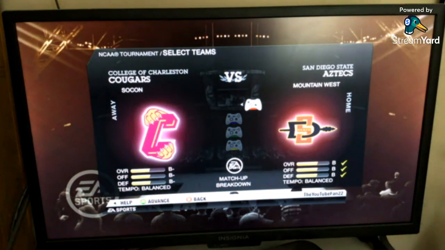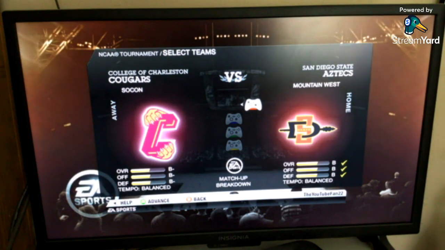Since the game didn't come out until Tuesday, we had to make it that way. So again, that is our next game, San Diego State and College of Charleston.